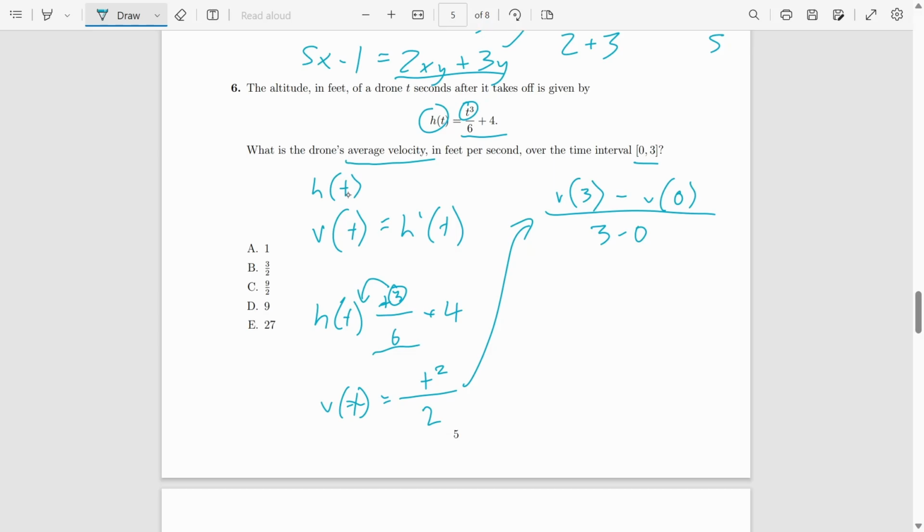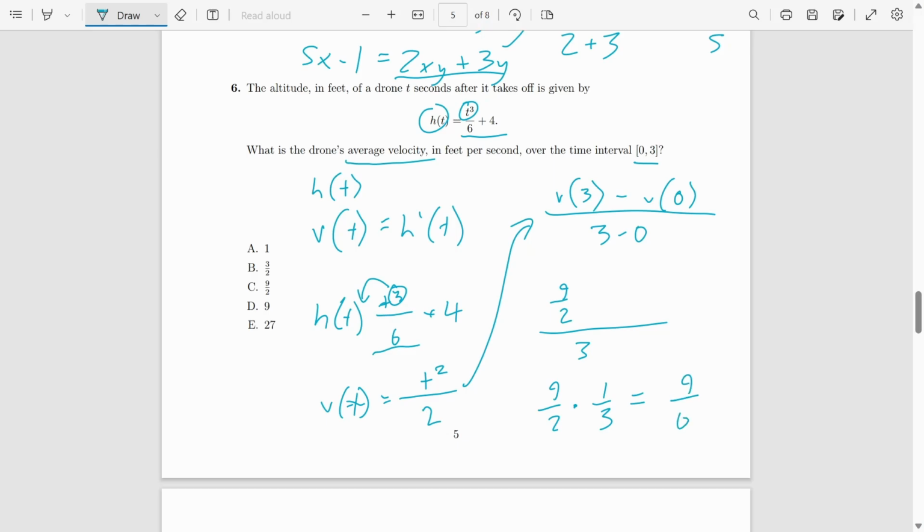So v of 3 in the velocity function, that's 3 squared, which is 9, divided by 2, so that's 9 over 2. And then velocity at 0, if we just plug in 0, that'll still be 0. So then we have all over 3 minus 0. So really this is just 9 over 2 divided by 3, which is the same thing as 9 over 2 times 1 over 3, and that makes it a little clearer to see what's going on.